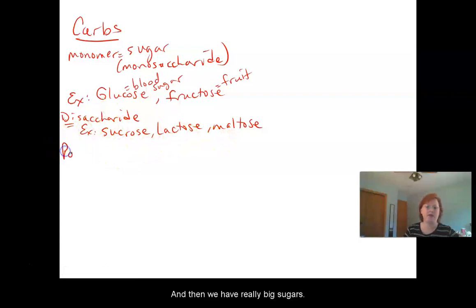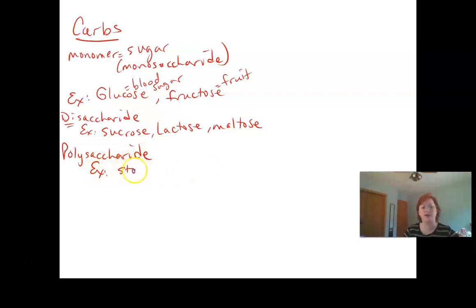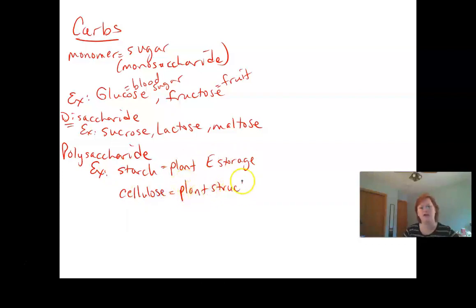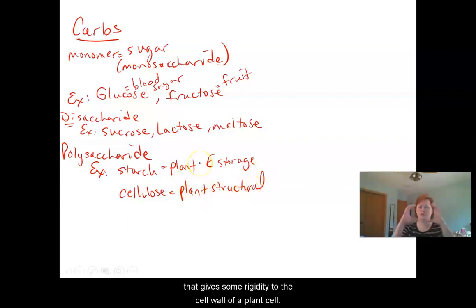And then we have really big sugars called polysaccharides, and examples of those include starch, which is a plant energy storage molecule that you can digest. We have cellulose, which is a plant structural polysaccharide that gives some rigidity to the cell wall of a plant cell.